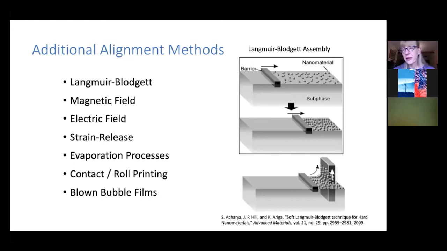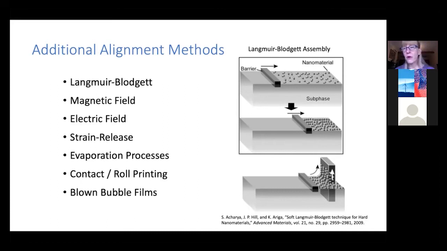Magnetic fields have been used, and if you have small scale structures that have magnetic properties, then you can use magnetic field, electrical field. Strain release processes have been used and cited in the literature.